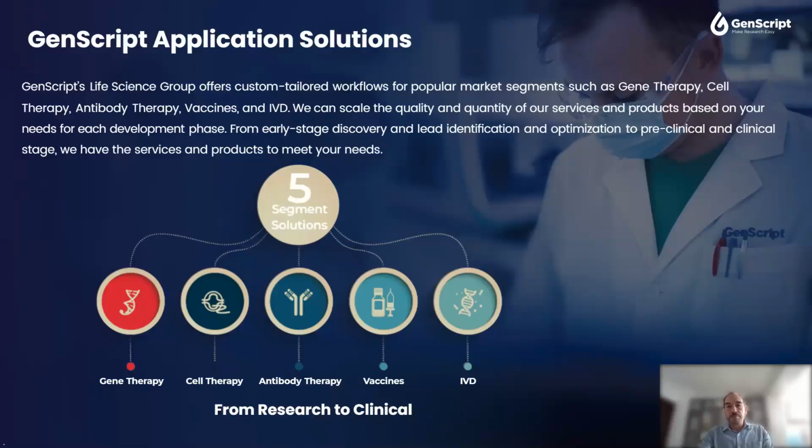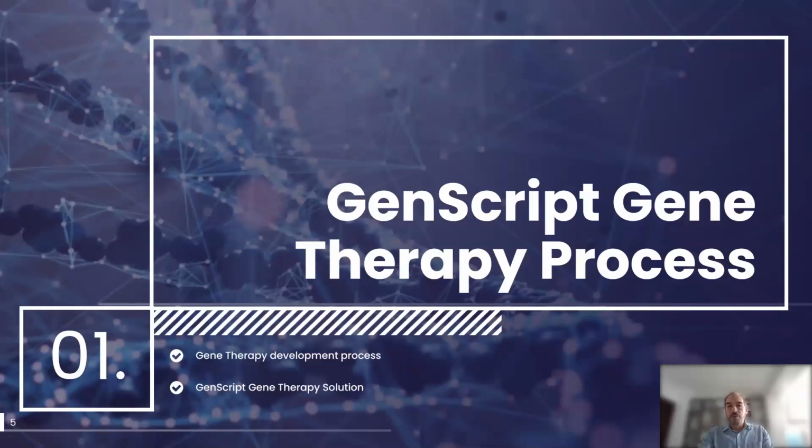So GenScript has complete solutions for multiple applications. One of them is gene therapy. Another one is cell therapy. We have a complete solution for antibody therapeutics, vaccines, and IVD, as well as some other applications such as synthetic biology and plant biology. Today, my focus will be on the gene therapy specifically.